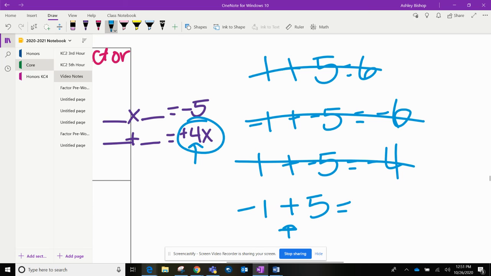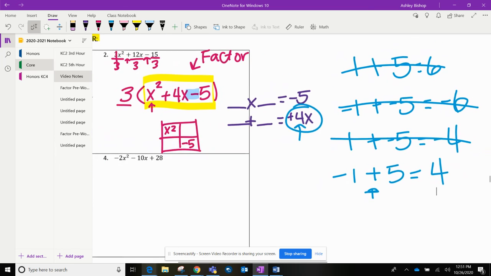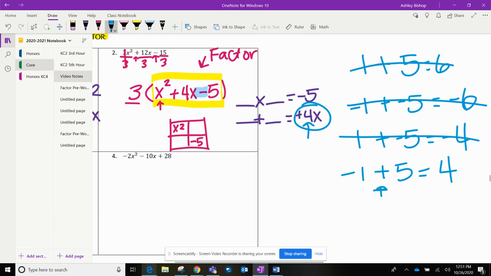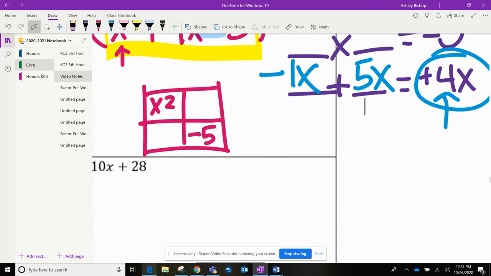Negative 1 plus 5 in my calculator is 4. So that's going to work. And I had a negative 1 and a positive 5. So negative 1x and a positive 5x will give me 4x. And those are the numbers that are going to go in my box. So negative 1x and positive 5x.